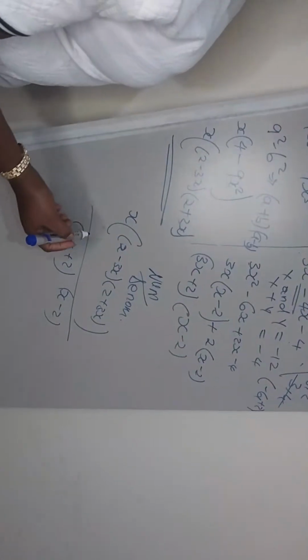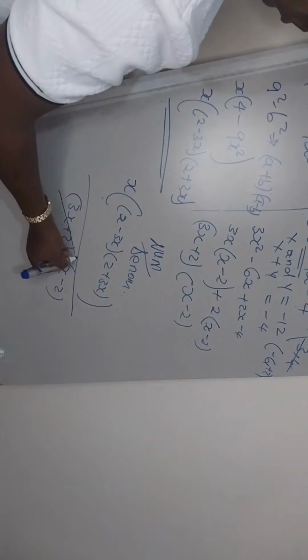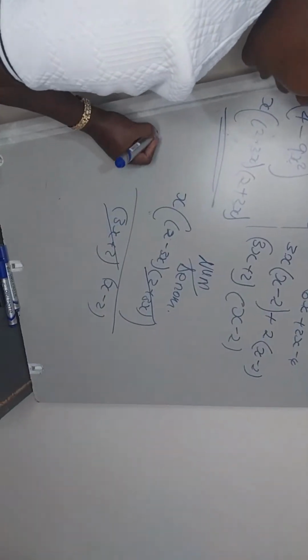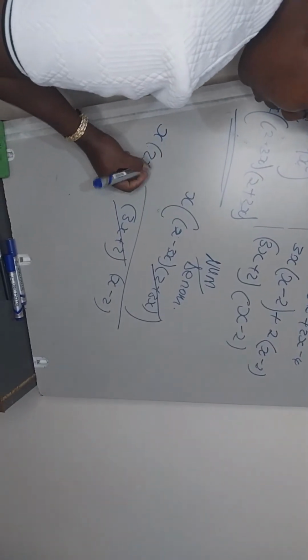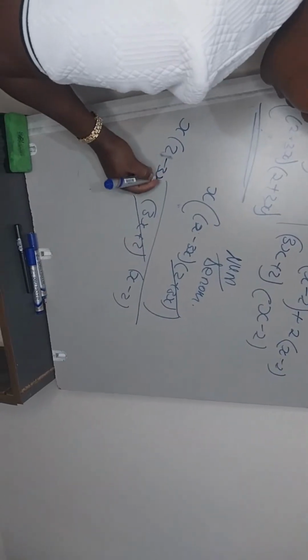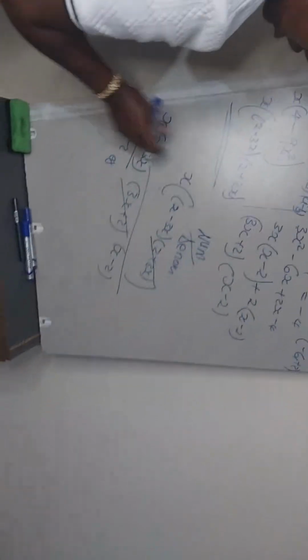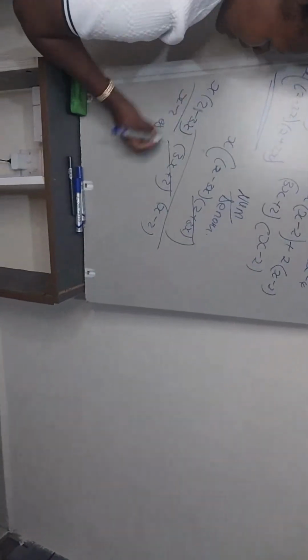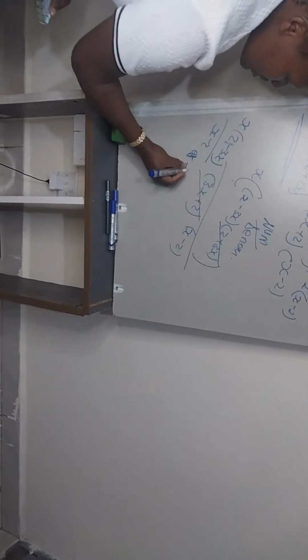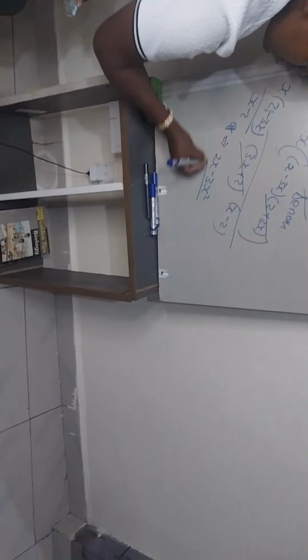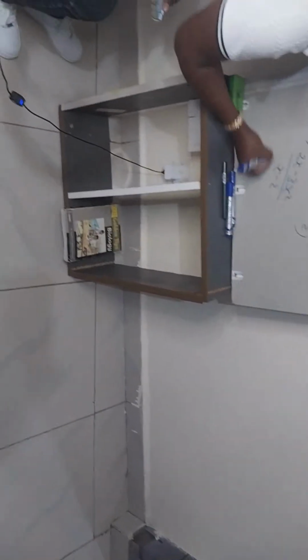Here we have 2 plus 3x and 3x plus 2, which are similar, so they cancel. We leave it as x into (2 minus 3x) all over (x minus 2), or open the bracket by multiplying, which gives (2x minus 3x squared) all over (x minus 2).